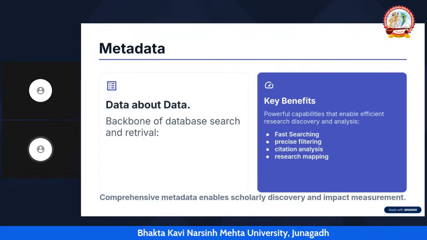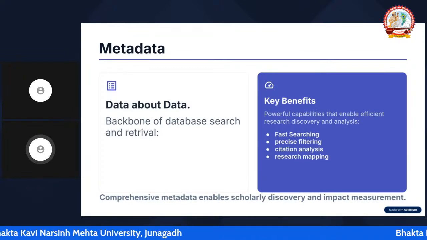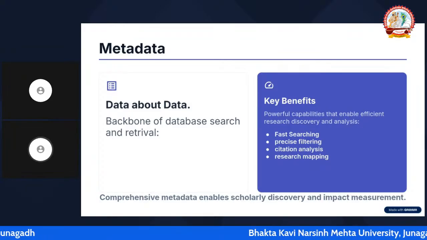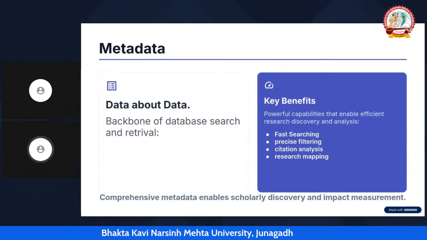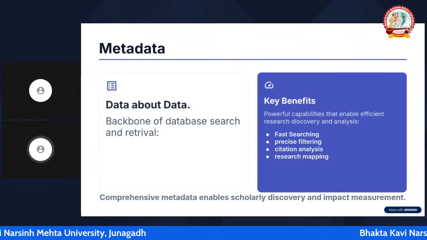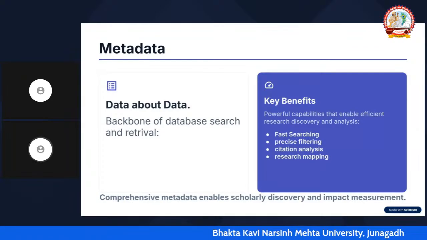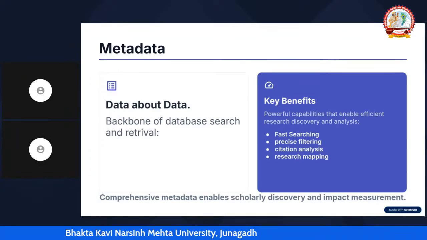In computer language, in a research dataset, we can say that these are the features of the data. So the features of data can be identified as metadata. That's why metadata plays a critical role in helping to identify as well as retrieve the data. What are the benefits? You can see on the right-hand side.